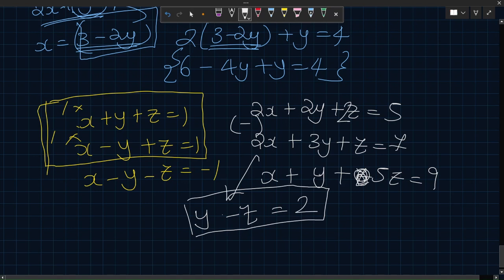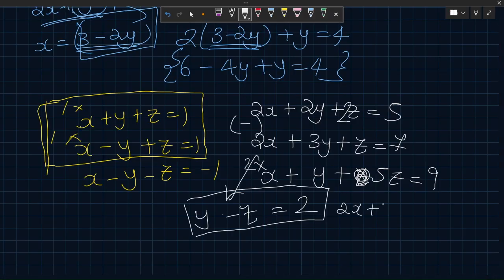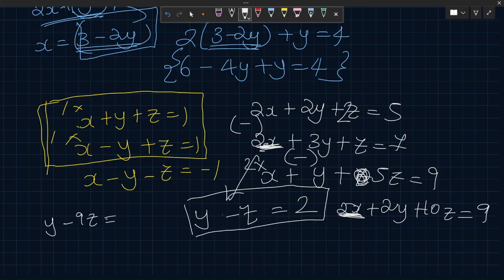And what you can do is, perhaps you could multiply this equation by 2. So we'll get 2y plus 10z is 9. And then we could subtract these two equations, this one and this one. What will that give me? y minus 9z is just 7 minus, or I multiplied this by 2, right?